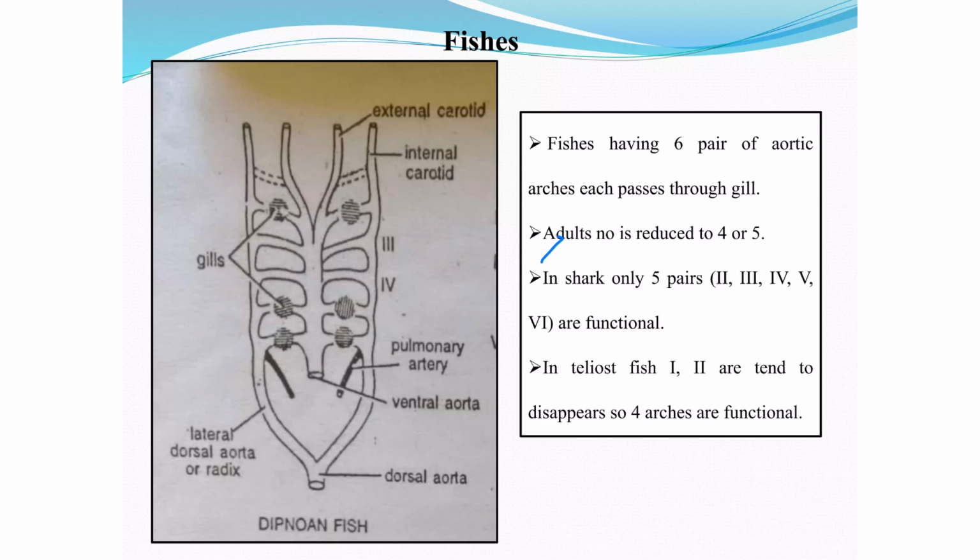The anterior extensions of the two branches of the ventral aorta are called external carotid arteries. The anterior extensions of the two branches of the lateral dorsal aorta are called internal carotid arteries.